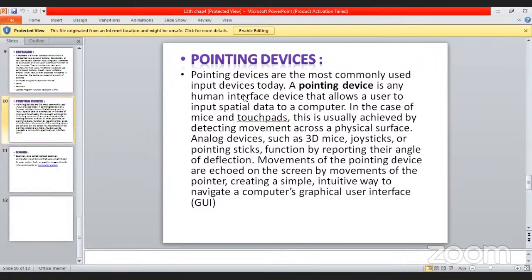Now we can see that analog devices such as a 3D mouse, a joystick, or a pointing stick function by reporting their angle of deflection. The movements of the pointing device are echoed on the screen by movements of the pointer, creating a simple, intuitive way to navigate a computer's graphical user interface.